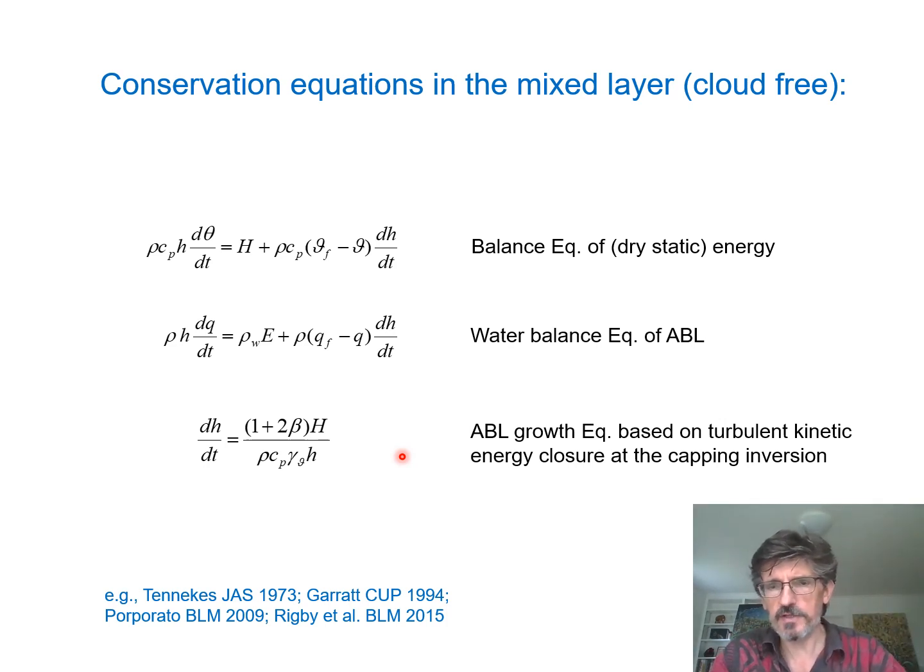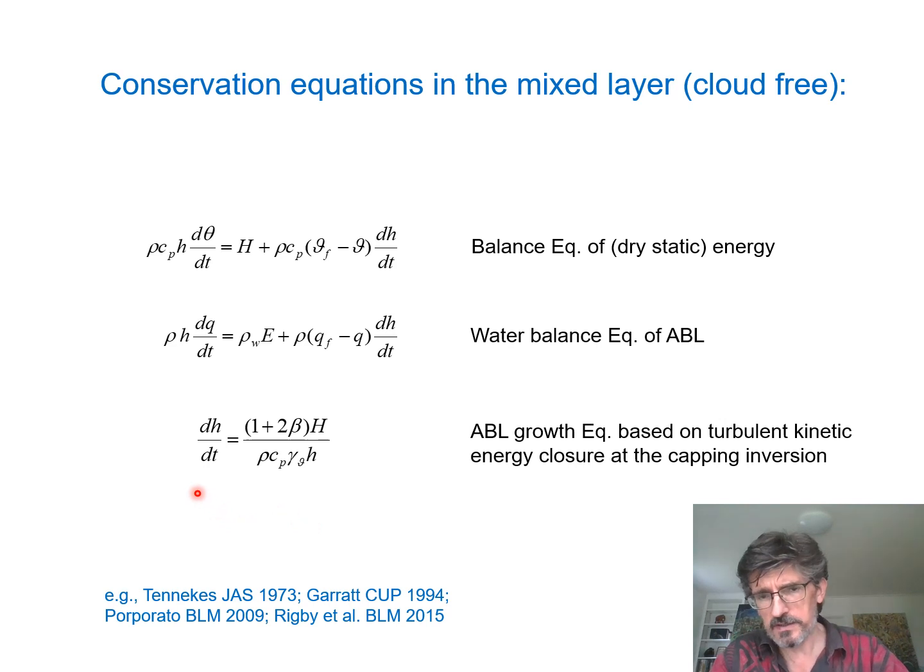For that, I'll just take it for granted here. If you want more information, you should read the original paper by Tennekes, a classic 1973 paper in the Journal of the Atmospheric Sciences. The derivation is also repeated, maybe more compactly, in my paper in Boundary-Layer Meteorology in 2009.